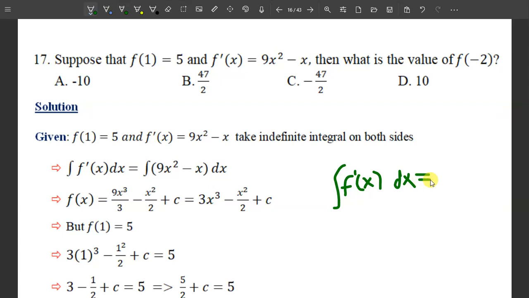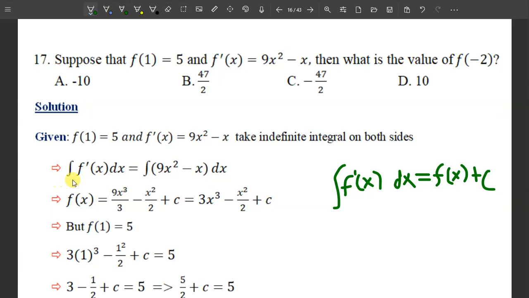F of x is the antiderivative of f prime of x, and therefore I write it like that, which is exactly equal to f of x plus c.